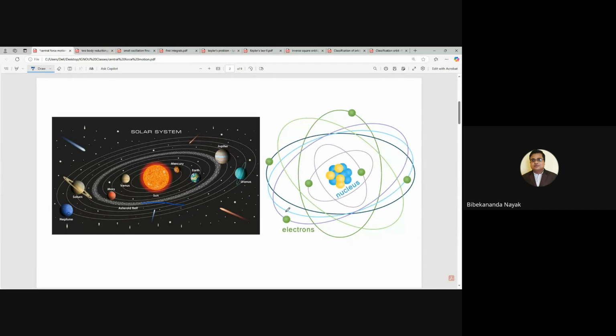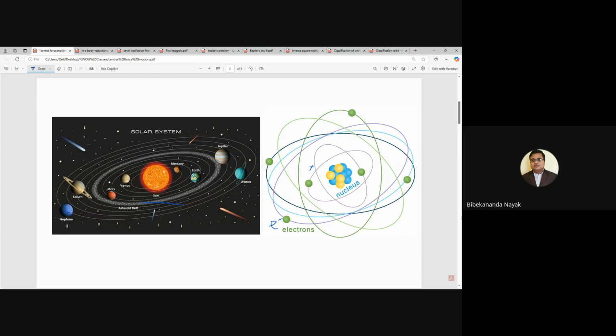Electron is a charged particle with negative charge, and nucleus has positive charge. The force between two charges comes under which force? Electrostatic force. Yes, sir. So the stability of the atom, the electrons revolving around the nucleus, is due to electrostatic force.